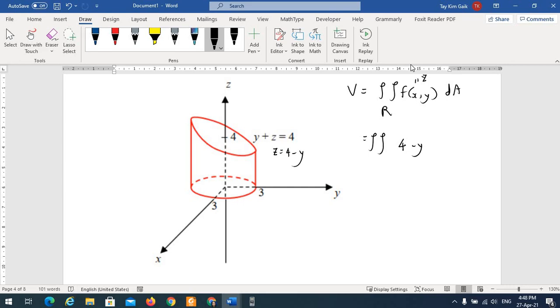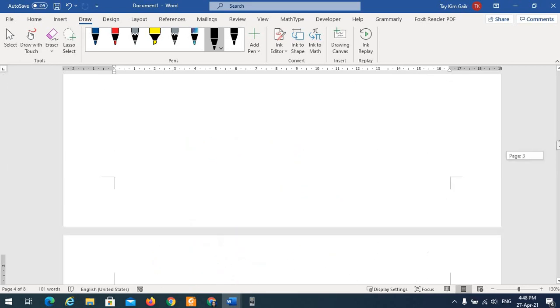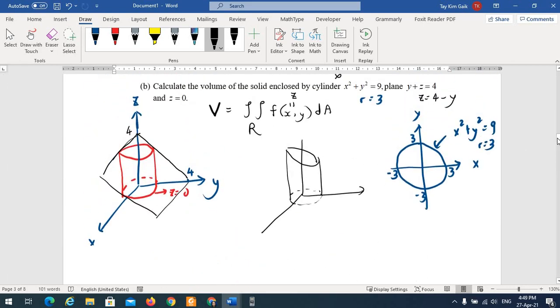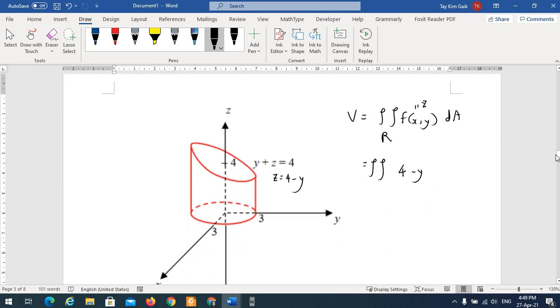Then dA. The region R is a circular region. Put it in 2D: region R is circular, so we use polar coordinates. dA changes to r dr d theta, because this is x squared plus y squared equal 9, or r equal 3.